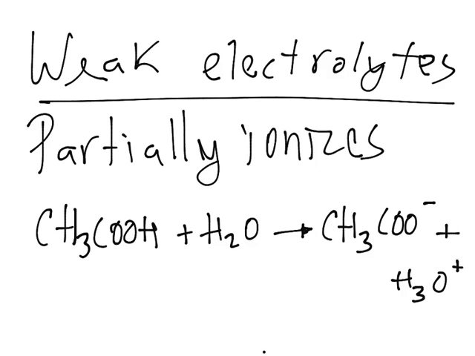As you can see, not everything ionized, not everything was able to separate into parts. This section here is still together, so it doesn't have 100% ionization, but there's still ion formation there. There's still some ionization. It can be 0%, but if it is 0%, then we have something we call a non-electrolyte.